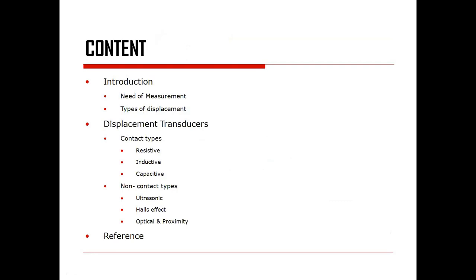Resistive, inductive, and capacitive are contact type displacement transducers, whereas non-contact types are ultrasonic, Hall effect, which depends upon the magnetic flux, and optical and proximity sensors. So these are non-contact type transducers.